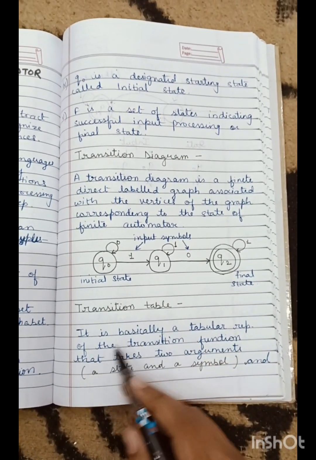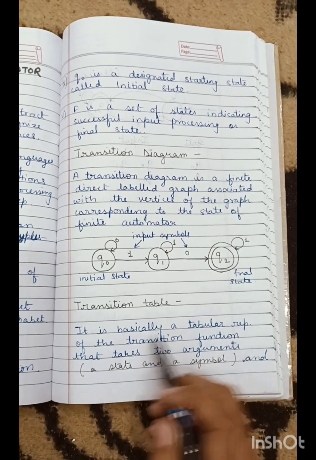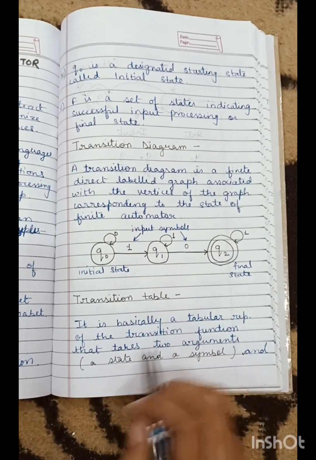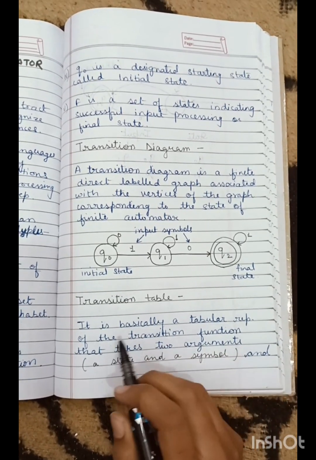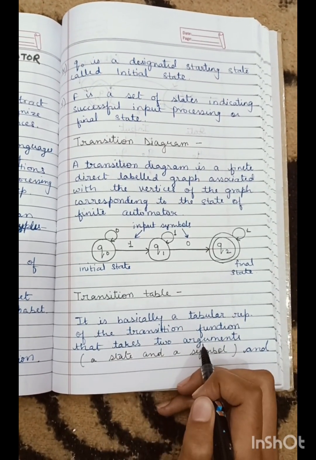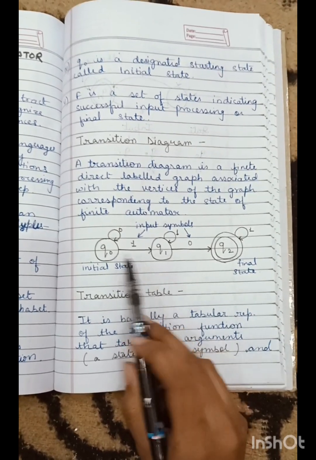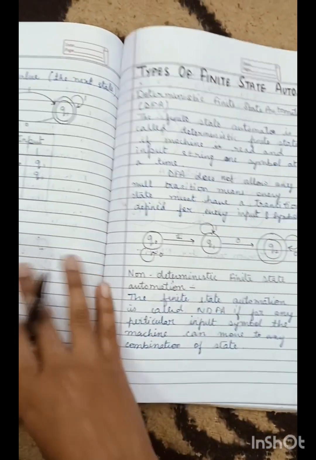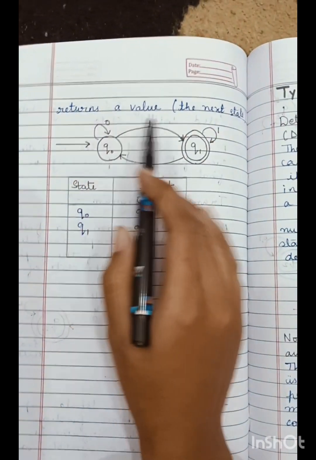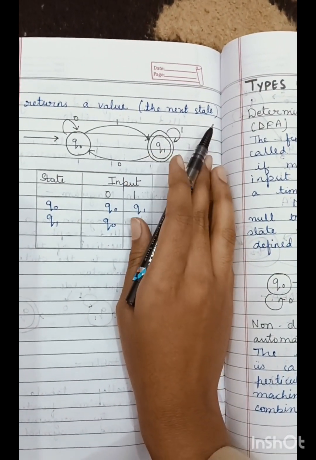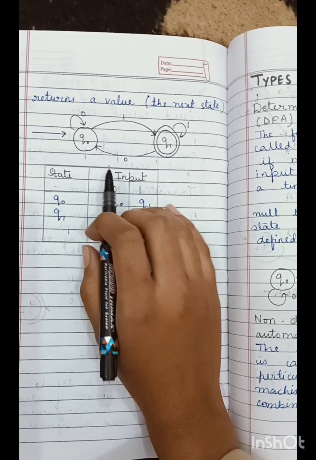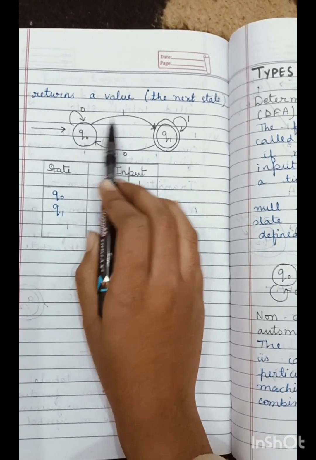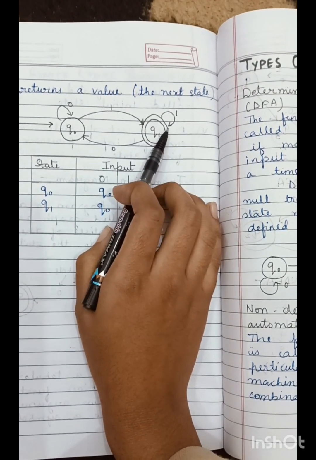It is basically a tabular representation of the transition function that takes two arguments, a state and a symbol, and returns a value, the next state. Over here Q naught gives a value Q1, which is the next state.